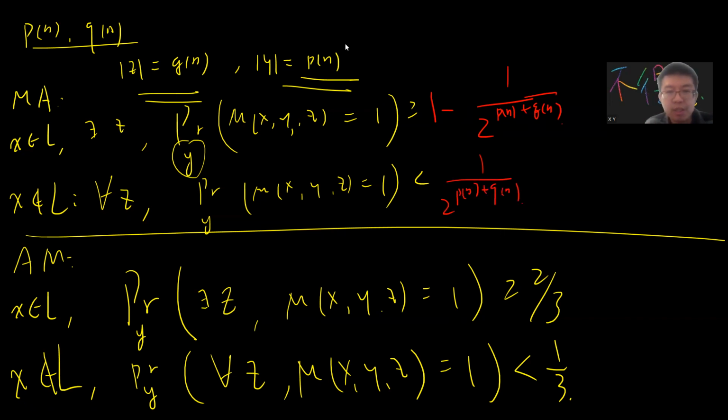This is my error reducing version. I want to claim that this implies this. This will give us the proof of MA subset of AM by just choosing the same M and the same Y. That's it. So let me just do a proof.